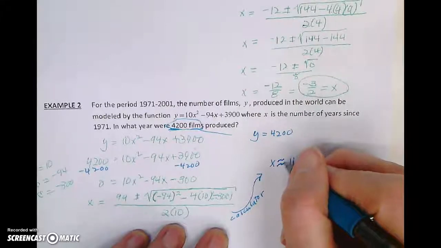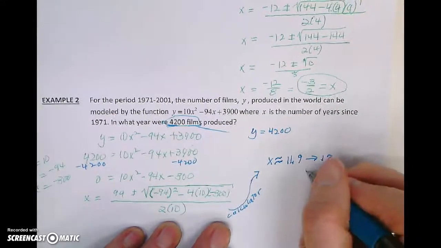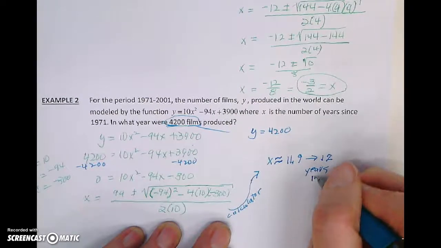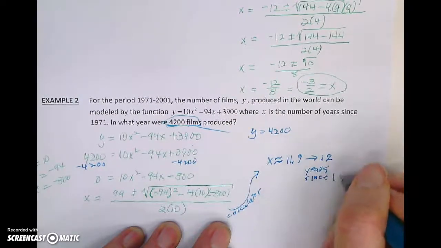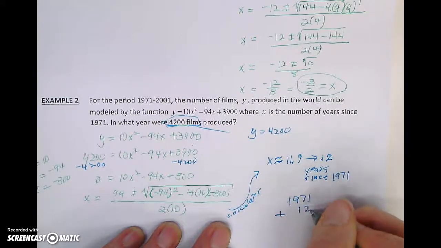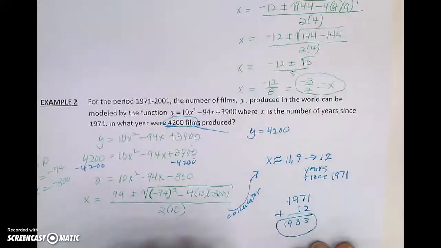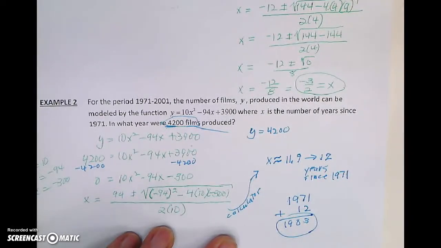So kind of put squiggly lines there. It's about equal to 12. So 12, it says 12 years since 1971. So we're going to take 1971, we're going to add 12 to it, and get 1983 for our answer. And that's the end, so do your video check.